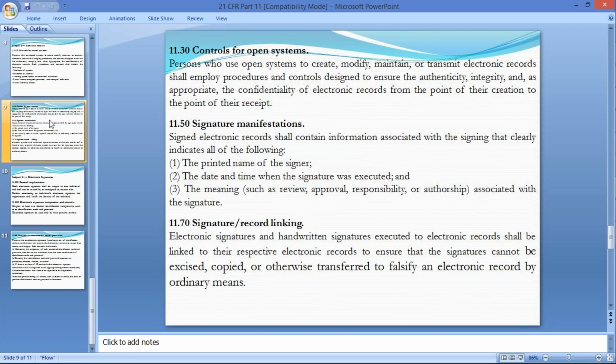The person who uses open systems to create, modify, maintain, or transmit the record shall employ procedures and controls designed to ensure authenticity, integrity, as appropriate, and confidentiality of the electronic record.